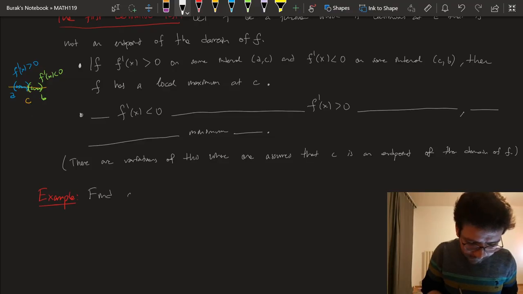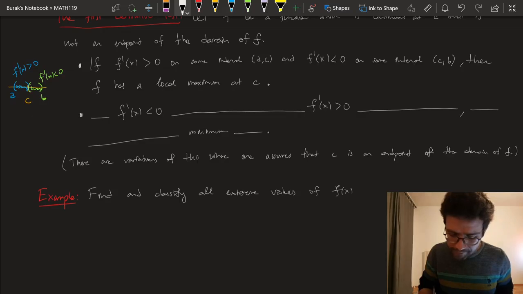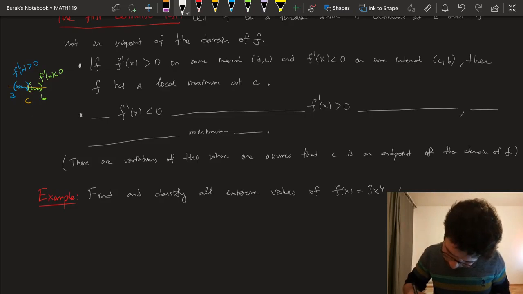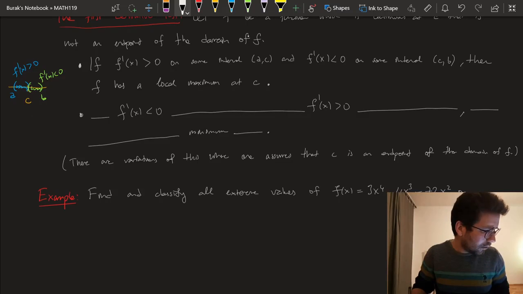Find and classify all extreme values of f of x equals 3x to the power 4 minus 4x cubed minus 72x squared on the interval.